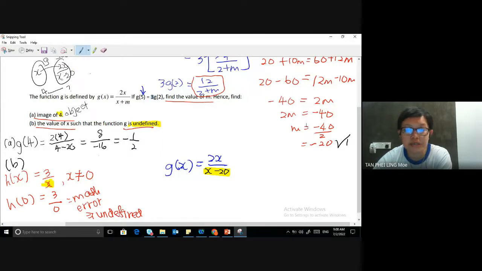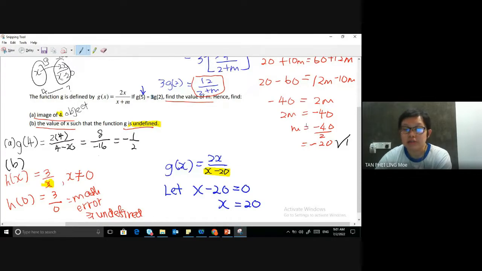So in this case, whatever you have as your denominator, you put it as equal to 0. x minus 20 equals 0. So you let it become 0 first.